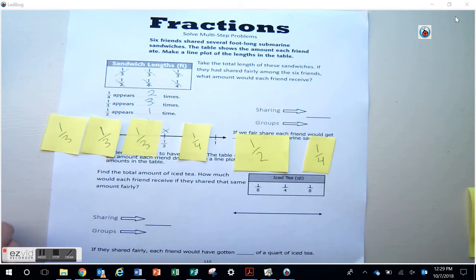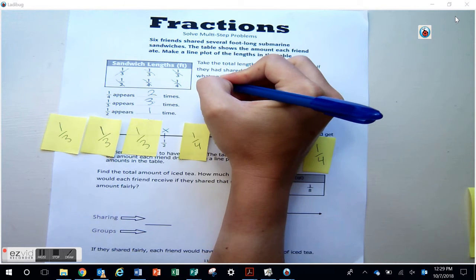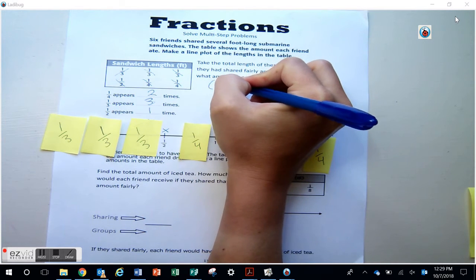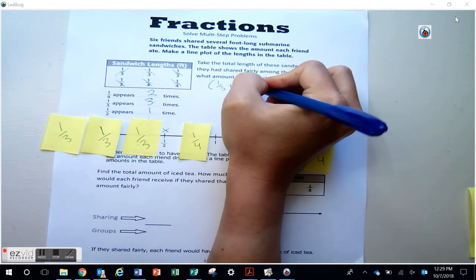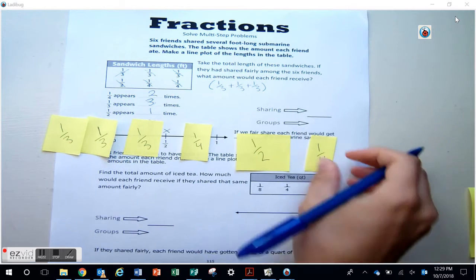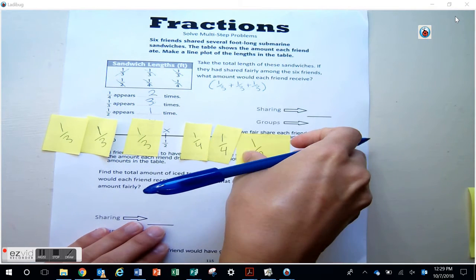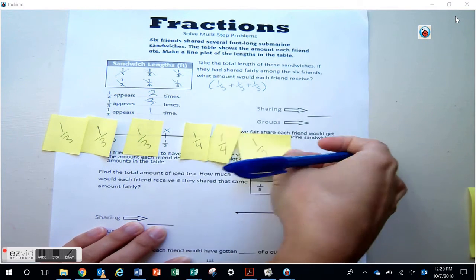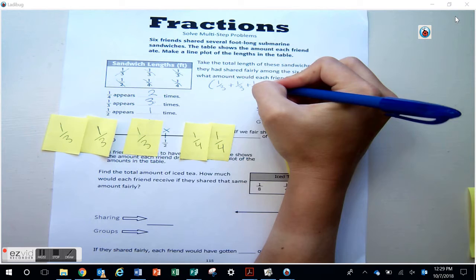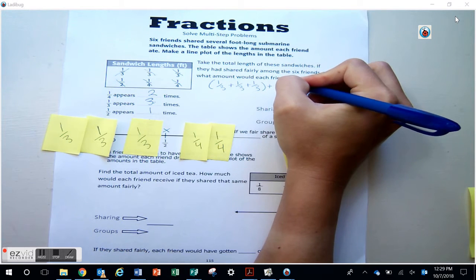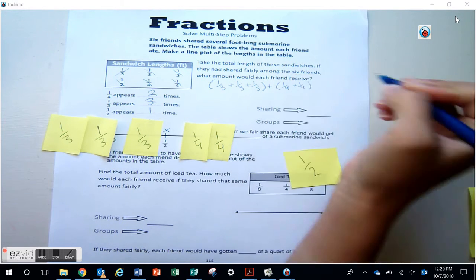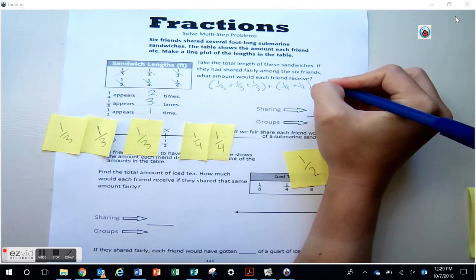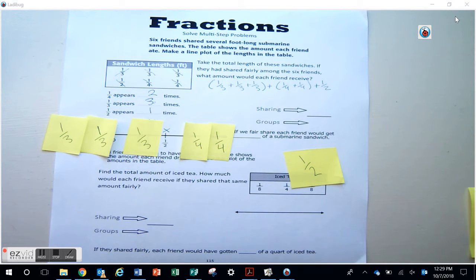So I would group those together. 1/3 plus 1/3 plus 1/3. Then I see that these 2 have the same denominator. So I would group them as 1/4 plus 1/4. And then I'll add this 1/2 at the very end so that I get all my values in there.